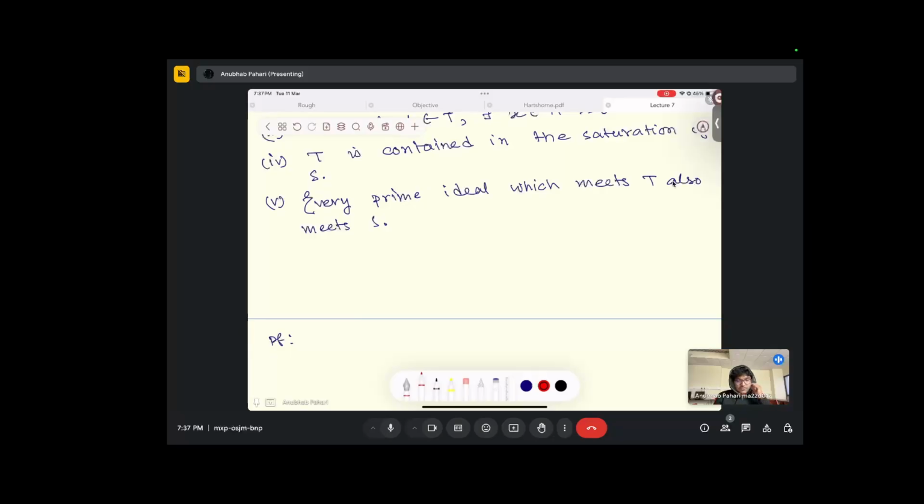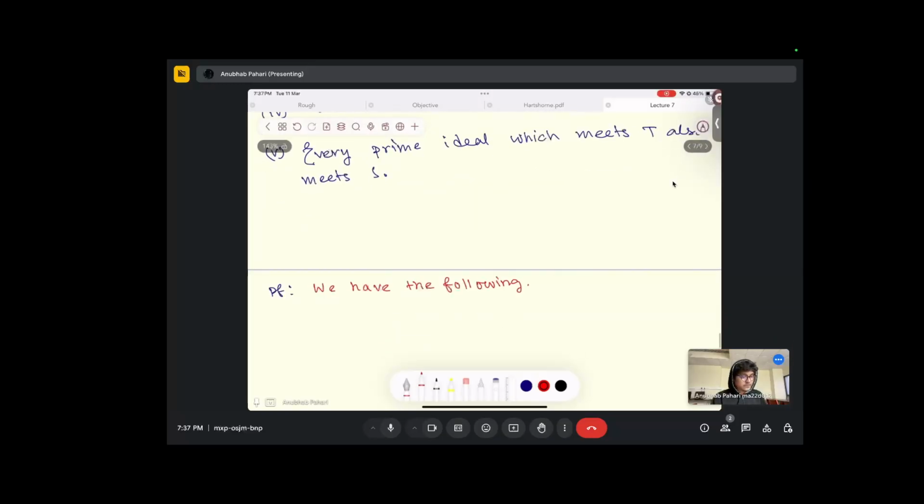So yeah, we should start doing the proof, and this will be our last theorem today. Okay, so we have the following. From 1 to 2.